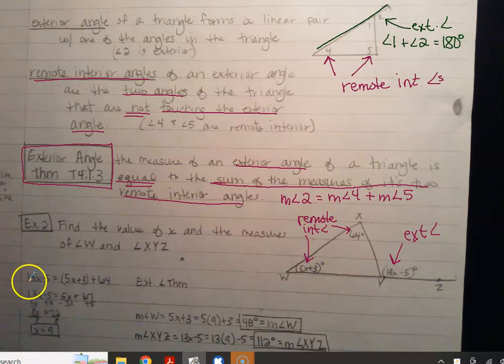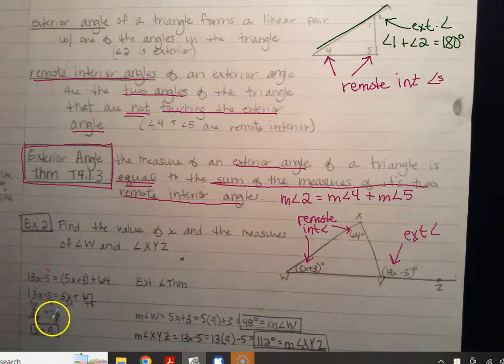So that's where this equation came from. 13x minus 5 equals the quantity 5x plus 3 plus 64. These are the remote interior angles that equal the exterior angle. And then we solve. We subtract 5x, we add 5 to both sides, and we get that x equals 9.